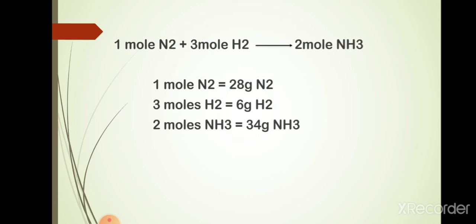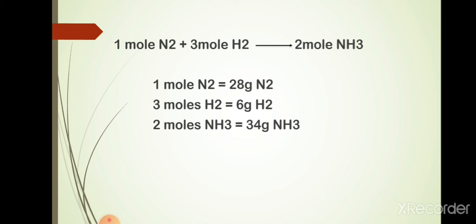If we know the number of moles, we know how to convert moles to mass in grams. We have 1 mole N2 + 3 moles H2 gives 2 moles NH3.